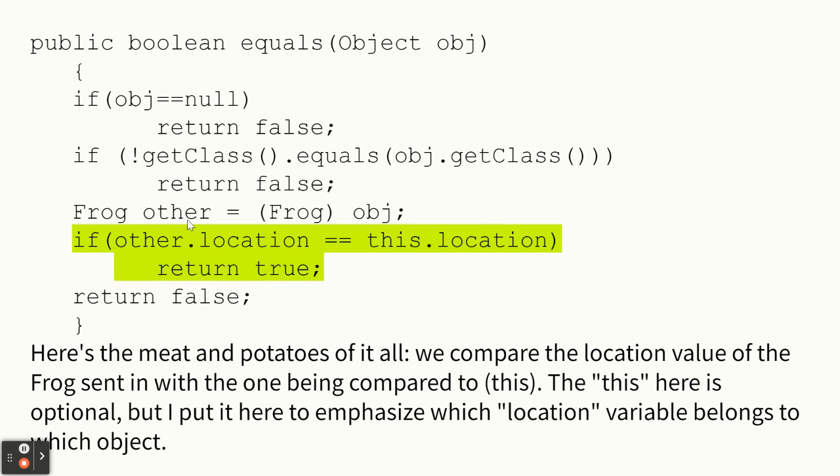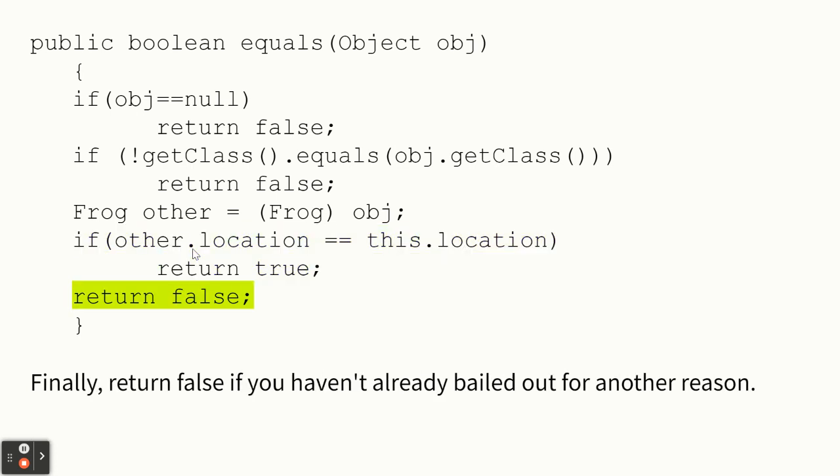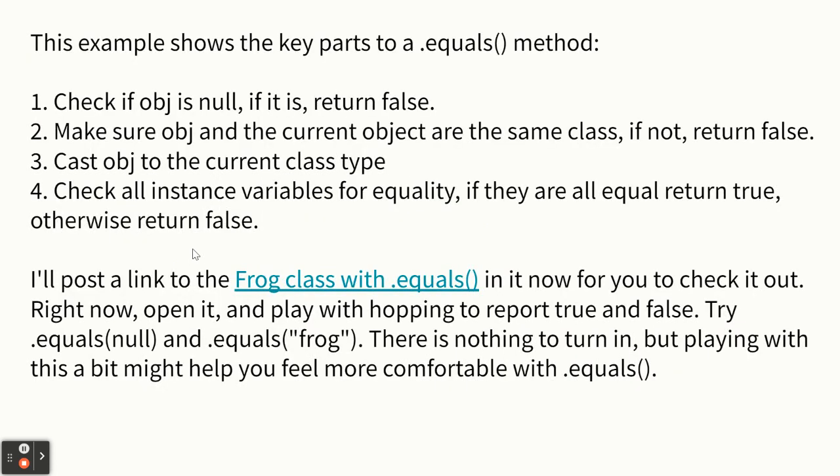That's where the code's running. You don't need to put the this there, but you do have to say other. Otherwise, you'd be comparing the location variable in the first frog with itself, which would always be true. So finally we return false if we haven't returned yet.